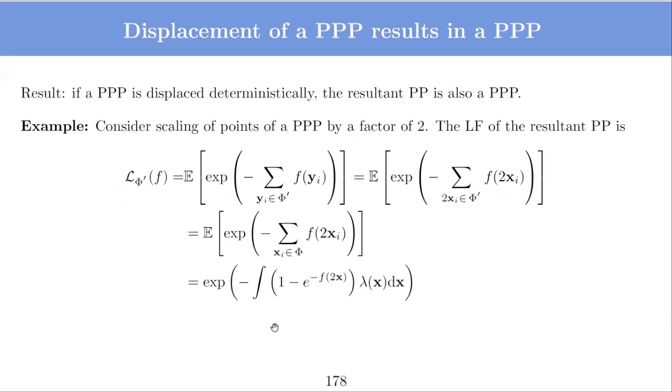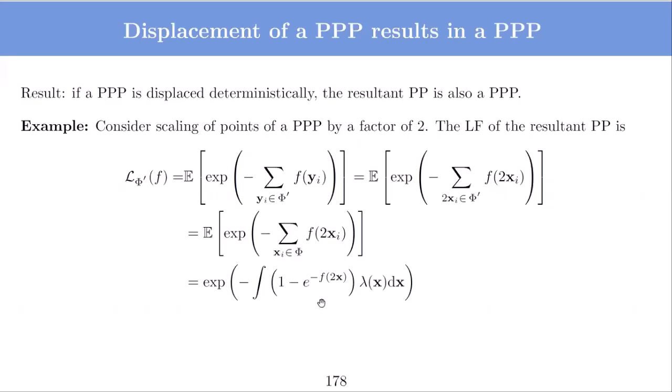No, to say it is a Poisson point process, you have to show that it is of the form exponential of minus the integral of 1 minus e to the power minus f(x) into some function lambda(x) dx. That lambda(x) can change and will tell the density of the point process.